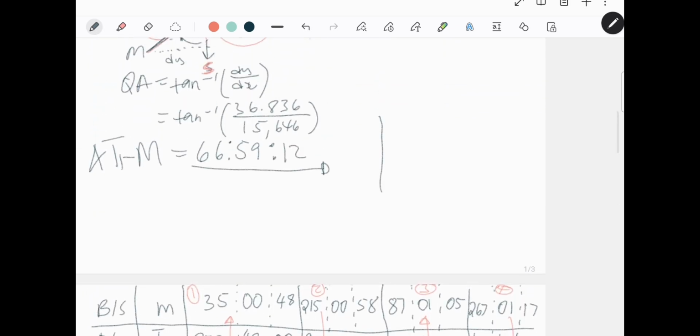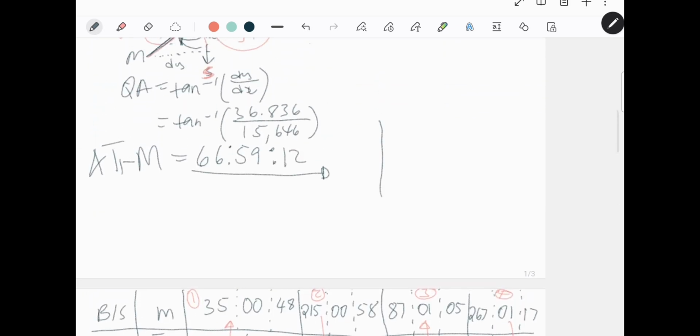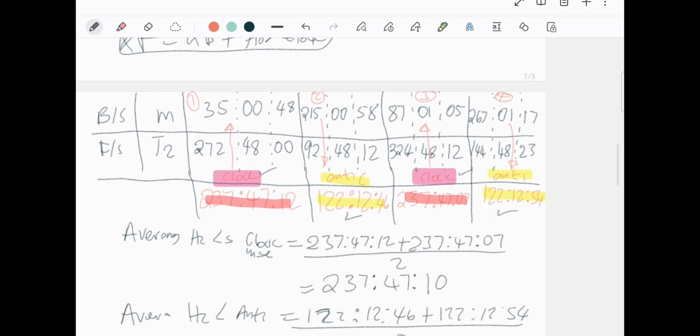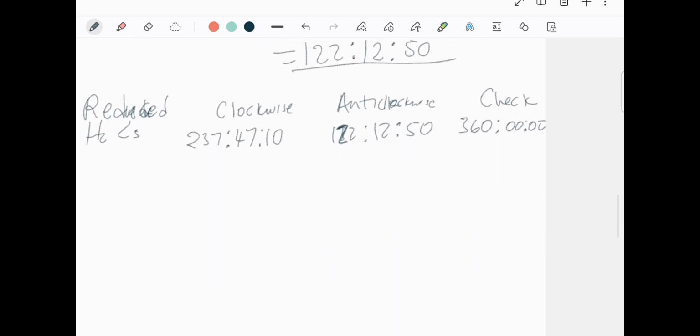To this bearing here, the backward bearing, to find the forward bearing. Remember, to find the forward bearing, we said forward bearing is equal to backward bearing plus horizontal clockwise angle. So that's how we're gonna find our bearing there, from T1 to T2. So now let's go and continue.